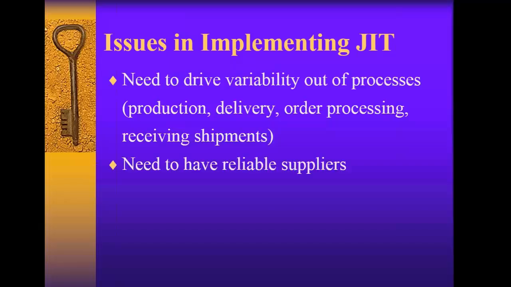We need to have reliable suppliers, and what we mean by this is they're going to be reliable because we have developed a strong relationship with them. You can't do this in an adversarial relationship. There has to be trust, there has to be commitment, not only on the vendor's part, but on your part in terms of sustaining this relationship, because basically it's like a marriage.